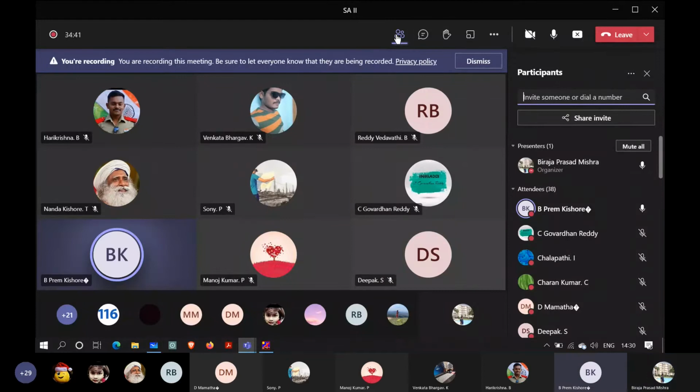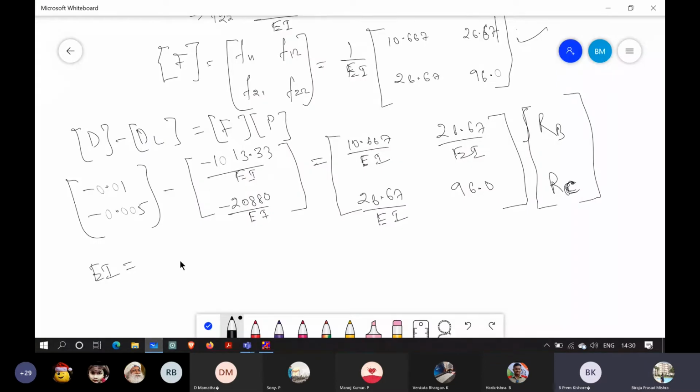Sir, 180 into 10 to the power minus 4 Newton per mm square.